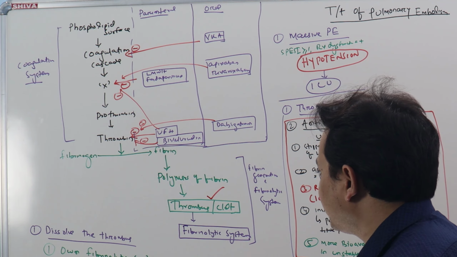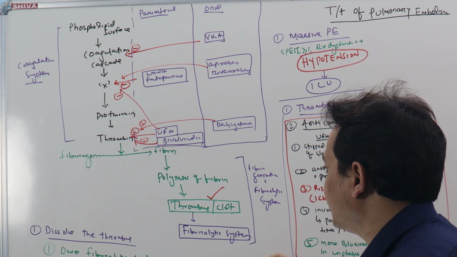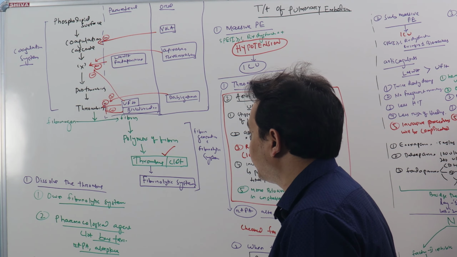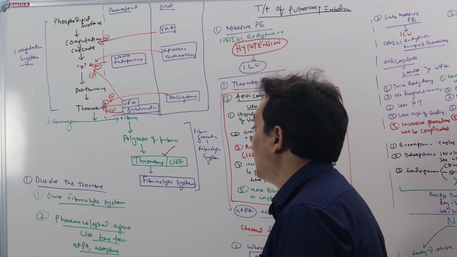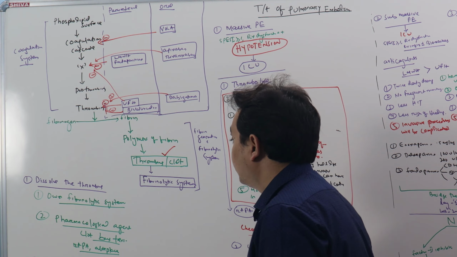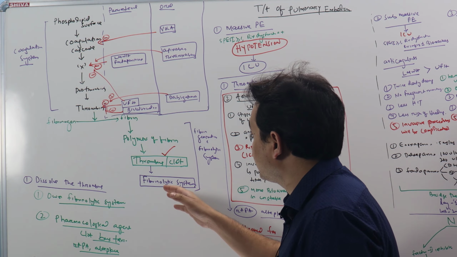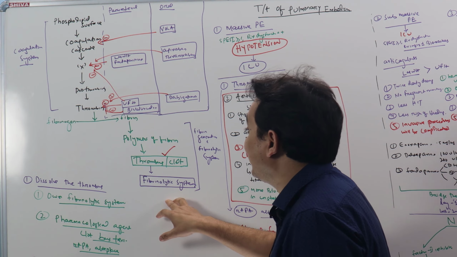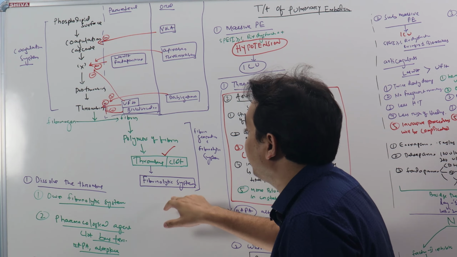So when a patient presents to you in a hemodynamically stable state, at that time you can let the body's own fibrinolytic system take over and dissolve the clot. There is no hurry. But whenever a patient presents to you in a hemodynamically unstable condition, at that time you have to act immediately.